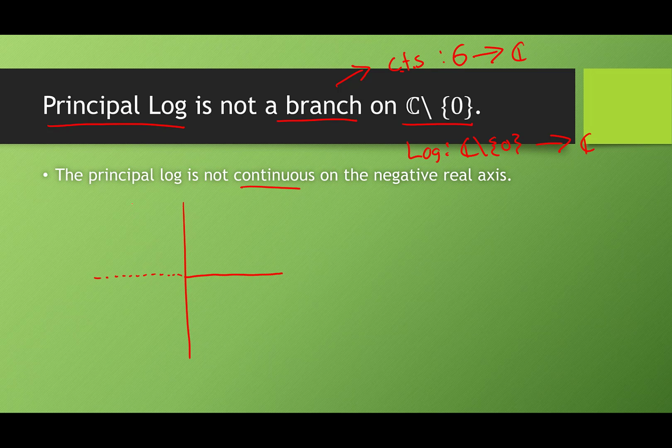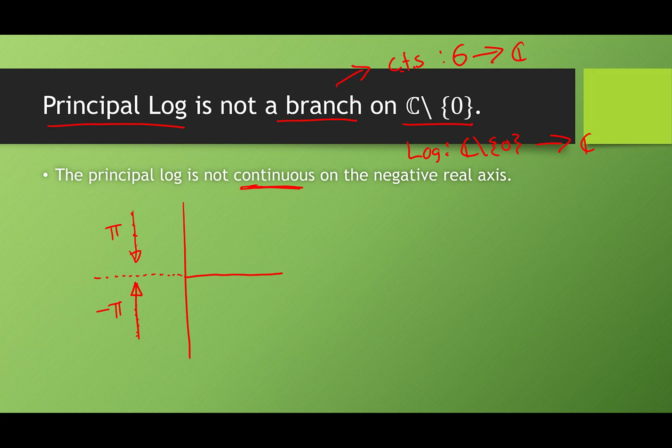If we approach from the top, all of the arguments of the complex numbers would be headed towards pi. However, if we approach it from beneath, all the arguments of the complex numbers here would be approaching negative pi. So our function would not be continuous there. Okay? So the principal log is actually not a branch on C less 0.